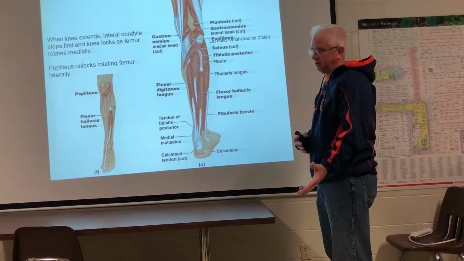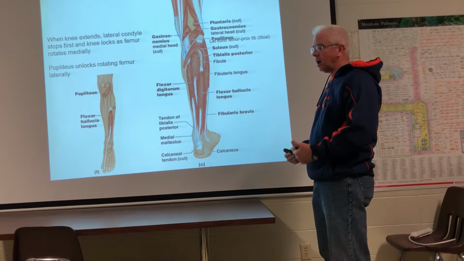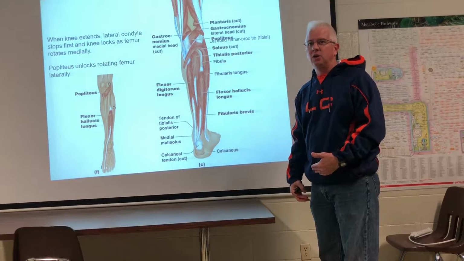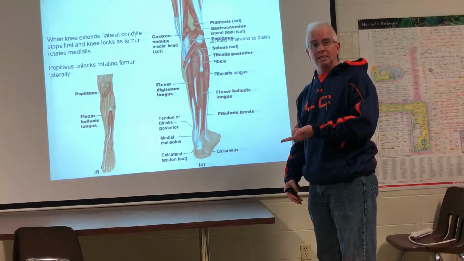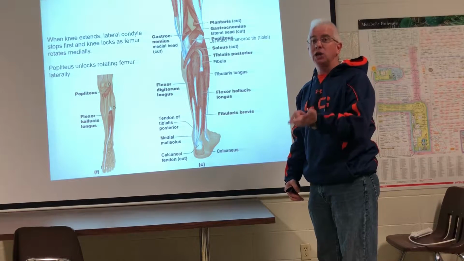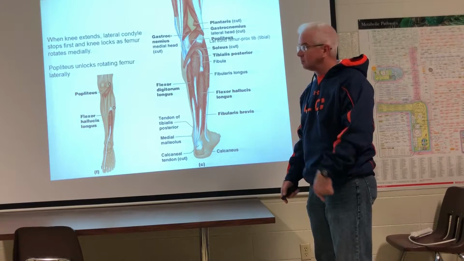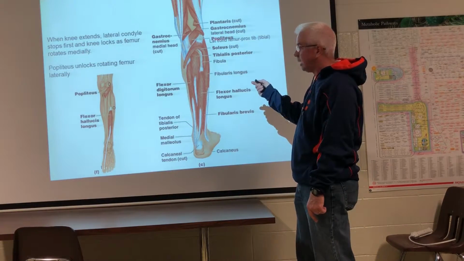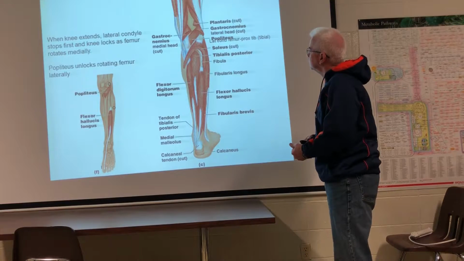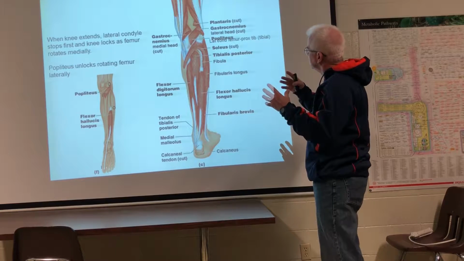The reason I bring it up is because after we're standing with locked knees for a while, in order to unlock the knee, you've actually got to rotate the femur first. The muscle that unlocks your knee so that you can flex is this one, the popliteus, that extends from the lateral condyle over to the proximal tibia.